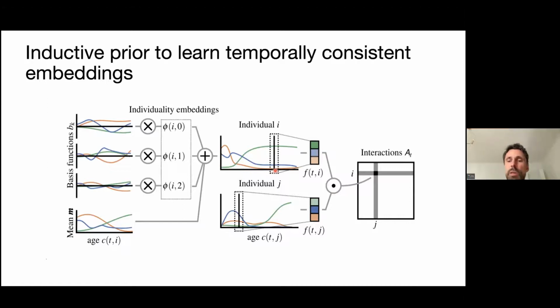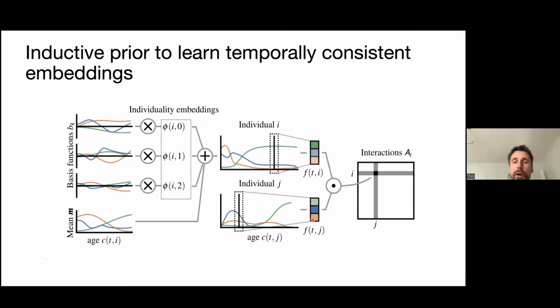So this is an old bee and has a certain vector that looks like this. And this vector times this vector then should approximate the interaction strength. Yeah. And individual J now could be a younger bee and has different values for these three components of this factor vector.